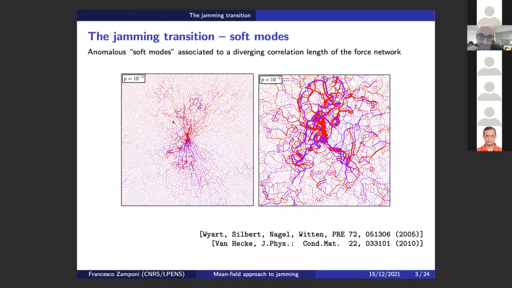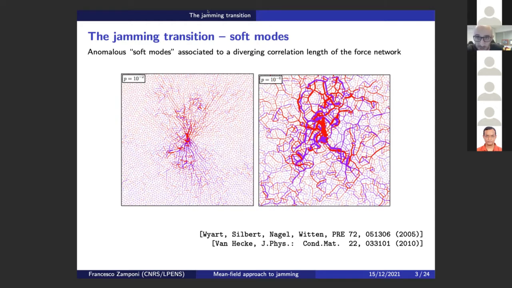So what you see is that far away from the critical point, you have a relatively short range decay of the force field around the perturbation, while close to the critical point, you have a very long range decay, and it seems that there are system spanning forces when you perturb at a point. So this is what you would expect at a phase transition.